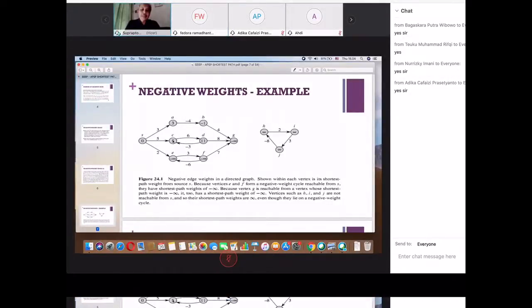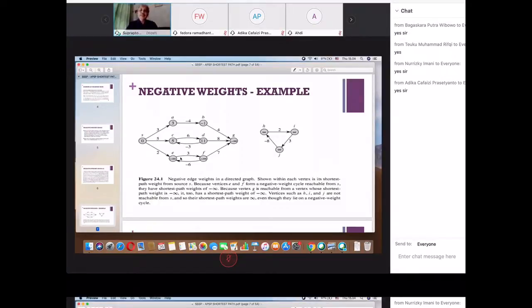One is C, D, back to C. The second is from E to F, back to E. And the third is starting from any vertex, one of the 3 vertices. It may be from H to I, J, back to H, right? It's a cycle.